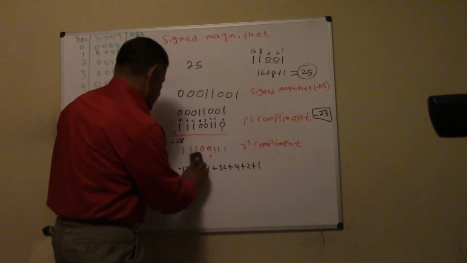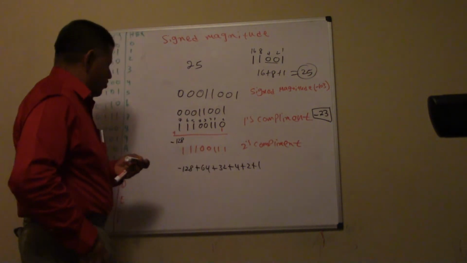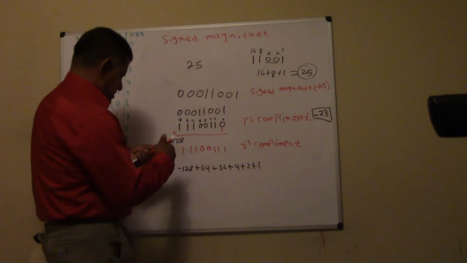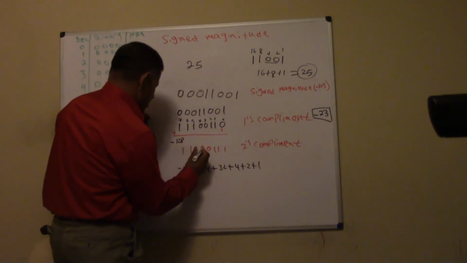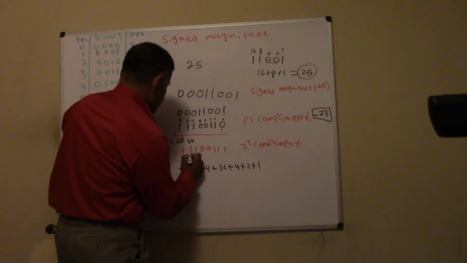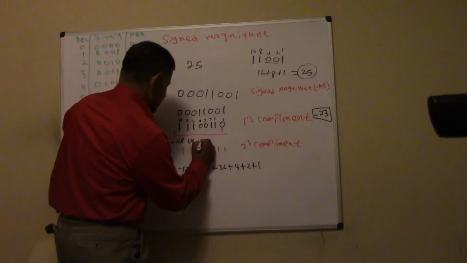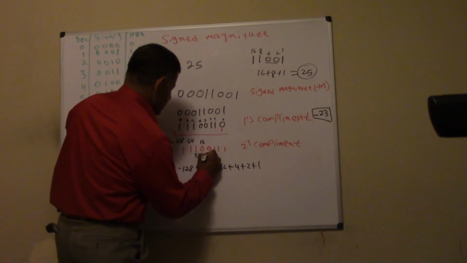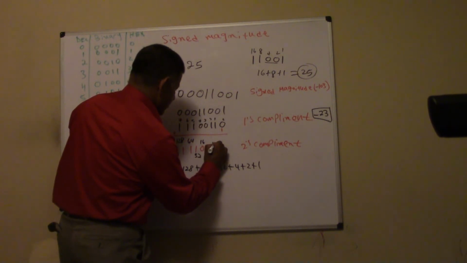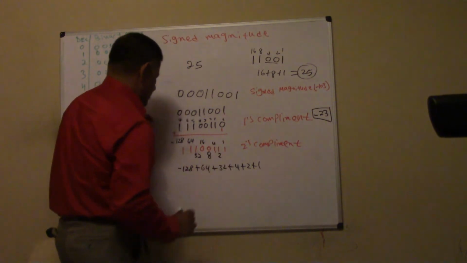So here, the leftmost digit is negative 128, okay? And this is 64, this is 32, this is 16, this is 8, this is 4, this is 2, this is 1, right?